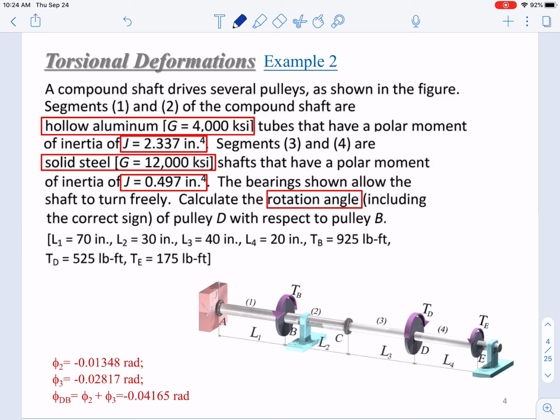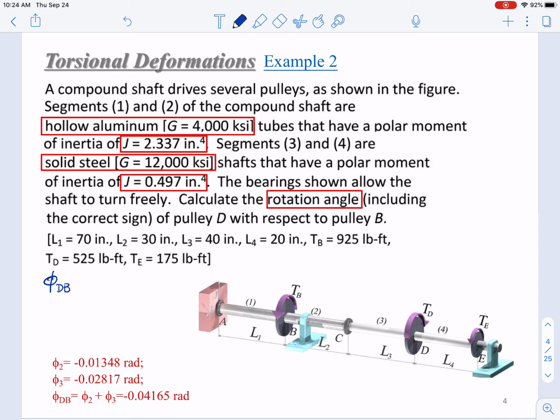So what does that mean? We're actually calculating phi DB, right? D with respect to B. So from example 1, you have known something, right?